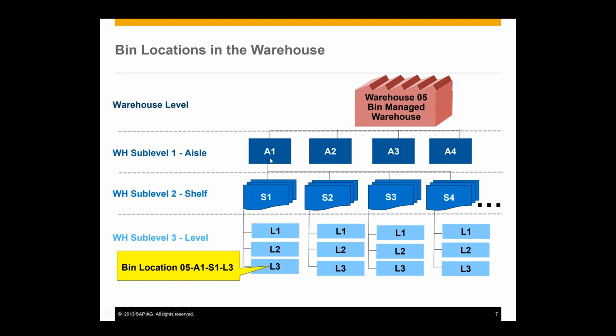So here, if I said my full bin location is warehouse 05, A1, S1, and L3, you can see when I choose the bin location in the selection field on a transaction, I could put in that code, which is warehouse level 1, 2, and 3, and it would either move the quantity to or from that location based on my selection.